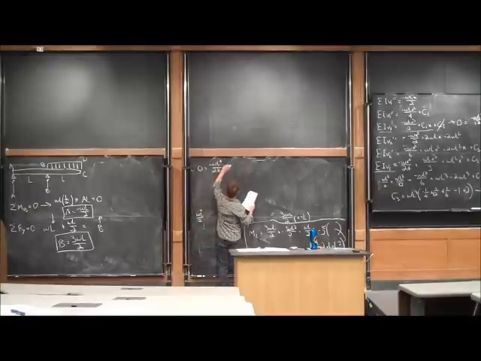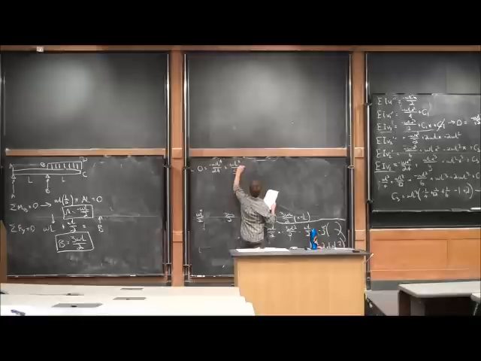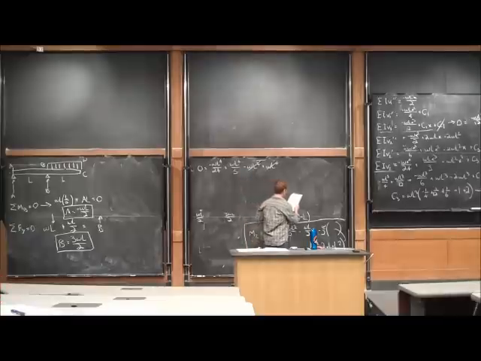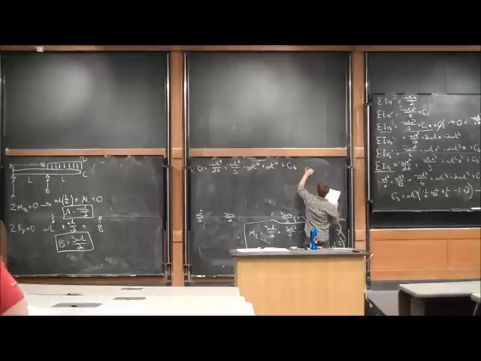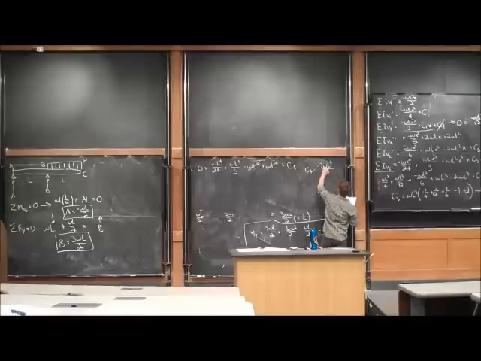Plus WL to the 4th over 3 minus WL to the 4th plus WL to the 4th plus C4. From that, we can find that C4 is got to be equal to negative 7 WL to the 4th over 24.